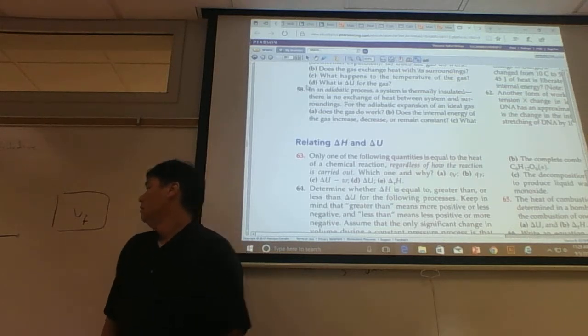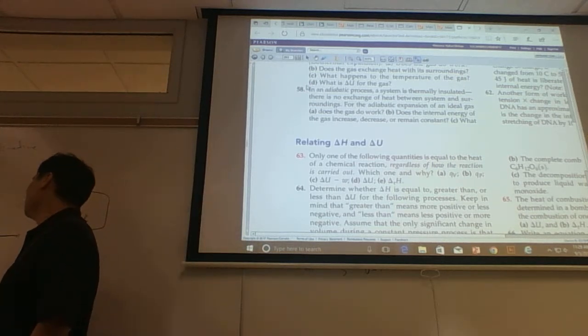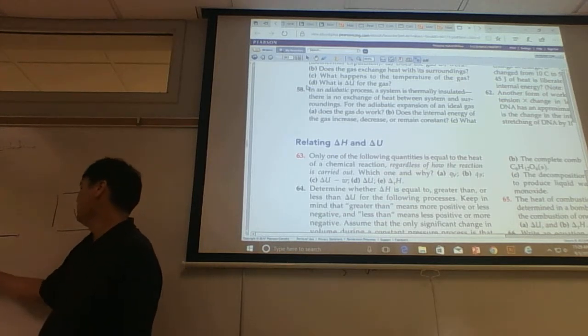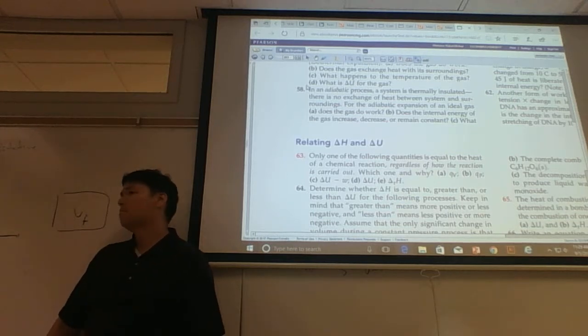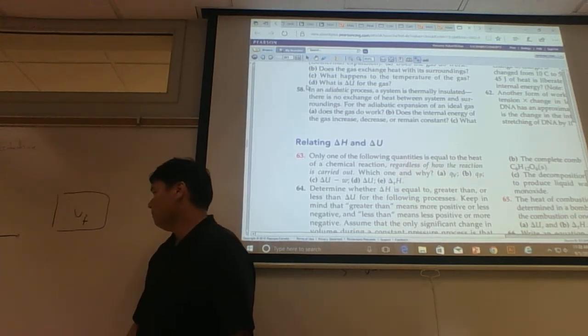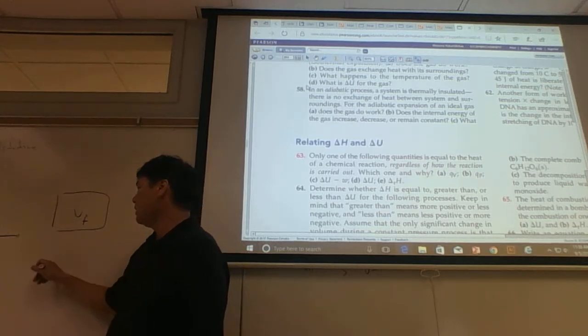Well, we'll go to the surroundings. Well, here the potential energy is 0 plus kinetic energy. And so in this case, if the system loses energy, then it's going to have to do some work.